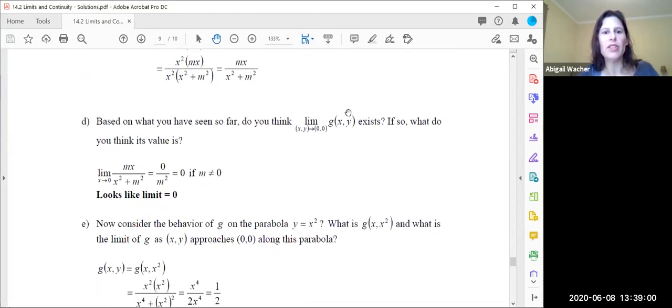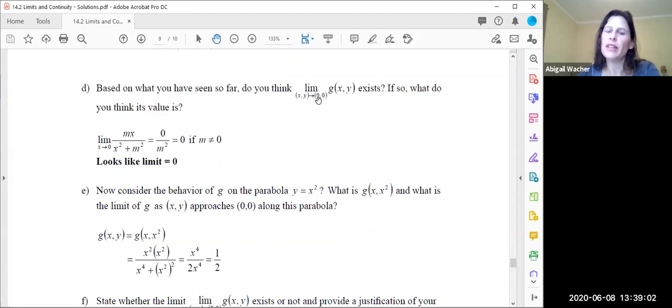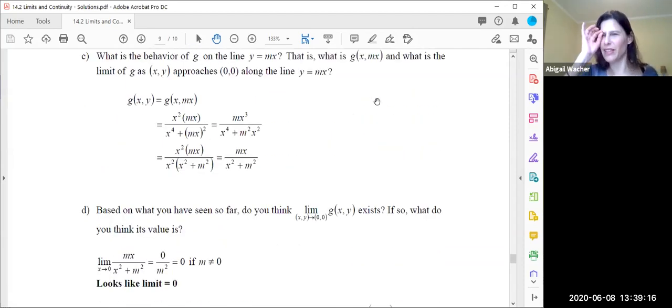All right, based on what you have seen so far, do you think the limit as xy goes to 0, 0 of g of xy exists? If so, what do you think its value is? So far, let me now rewind because my memory is a little short. Let's see. So we're talking about when x and y is 0. So based on what I've seen so far, it looks like the limit is 0.